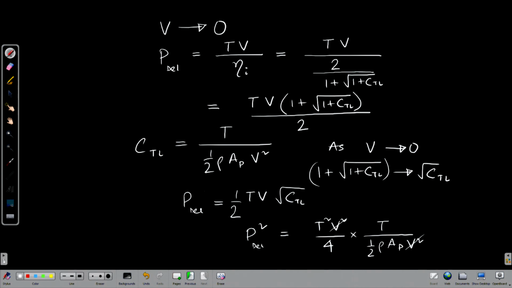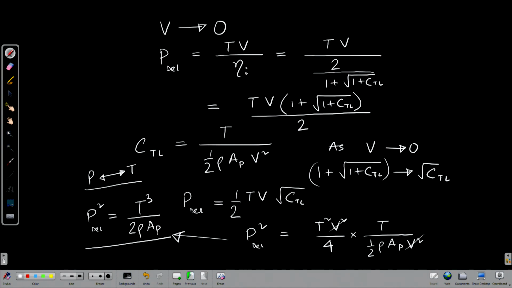See, the V square term can be cancelled out, so that we can get this equation, power delivered square is T square into T is T cube by 4 by 2 is 2 rho AP. AP is the area of the momentum disk here. So, we can use this equation simply to relate the power to the thrust.